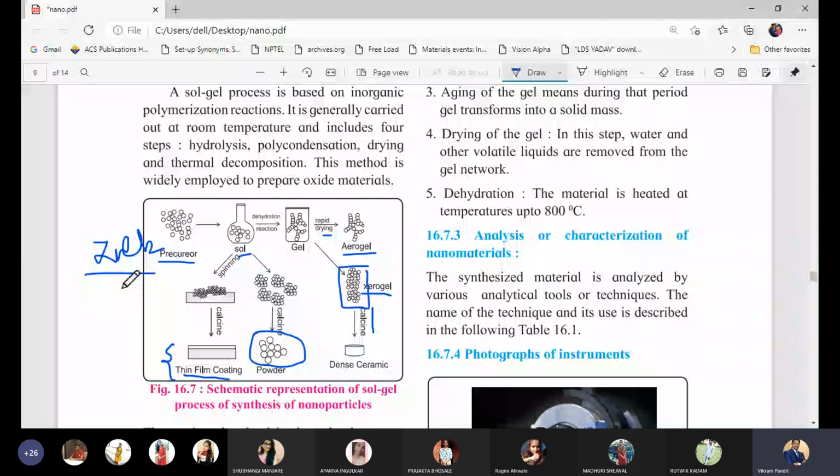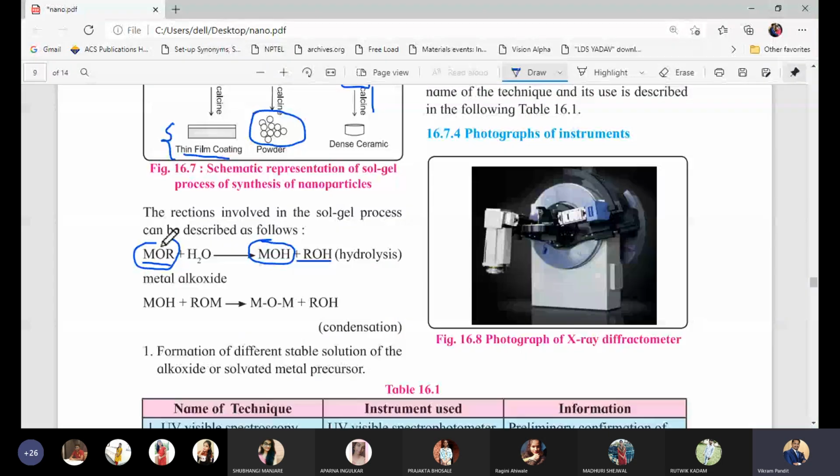And when you heat it, a metal oxide is formed. If you have taken zinc over here, zinc and OR, then the metal will be zinc. So what will we get? Zinc and oxide. This is known as zinc oxide nanomaterial. So this is the case.